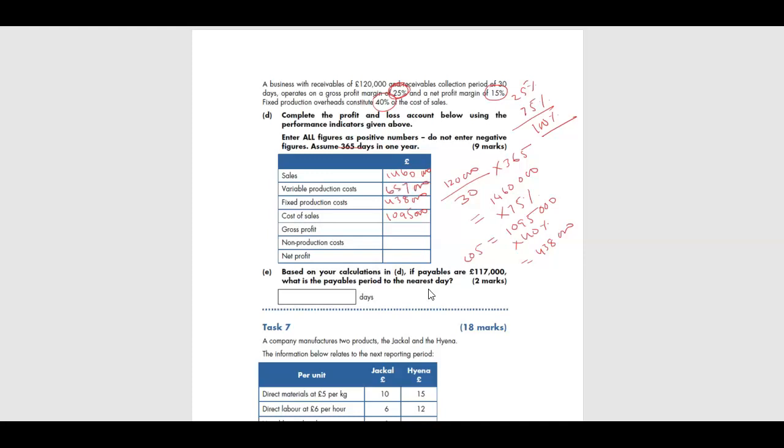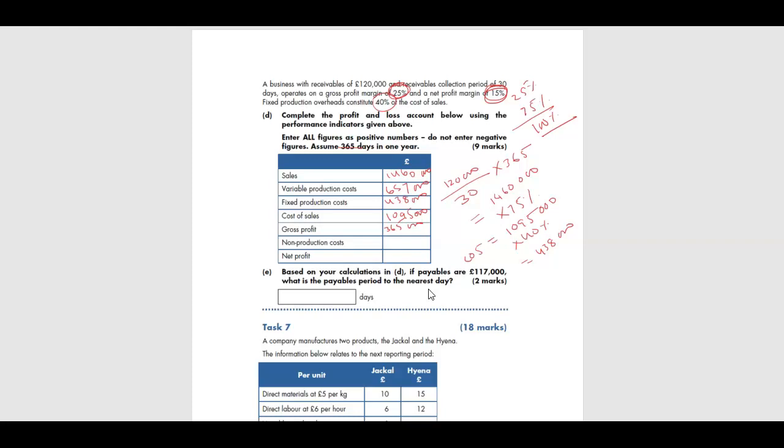And the gross profit is 365,000. Then we come back to the non-production cost, and after that, if I minus the non-production cost, that will give me the profit. Now they said the net profit is 15%. So if my net profit is 15%, let's calculate how much it is.